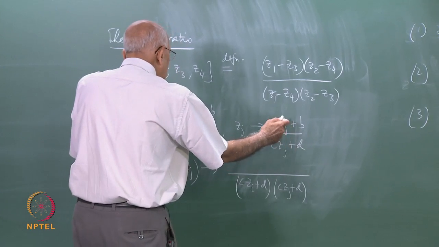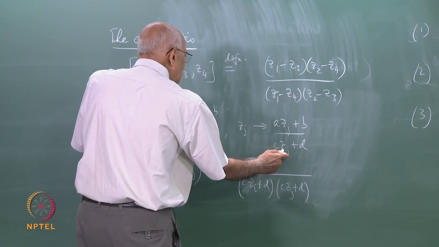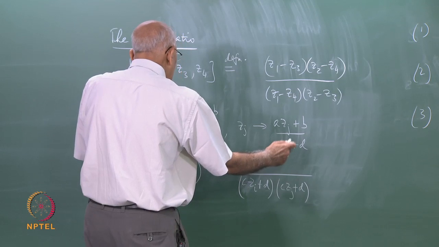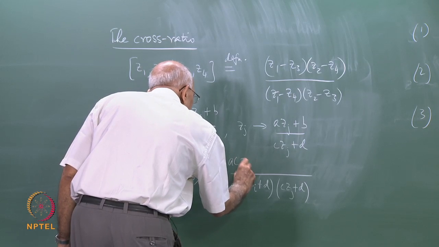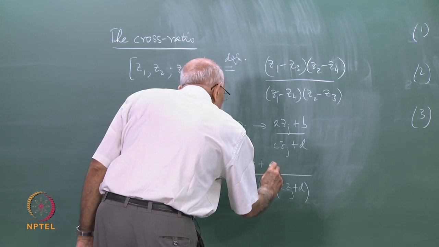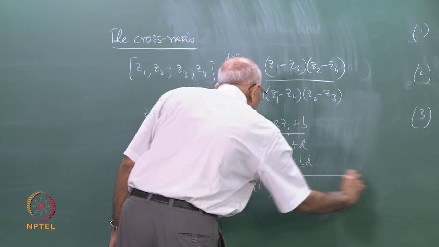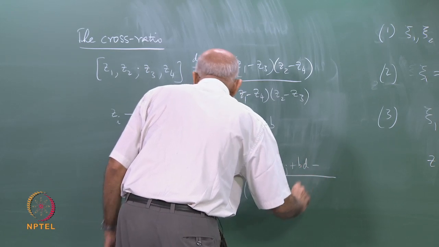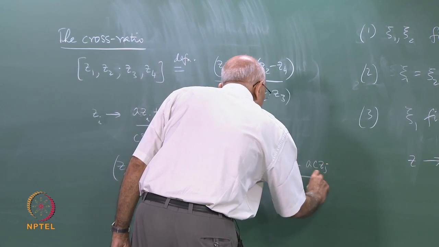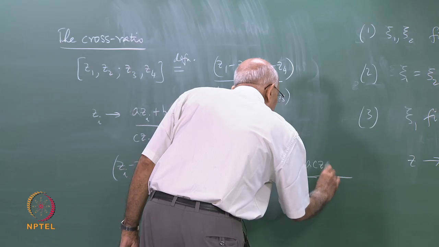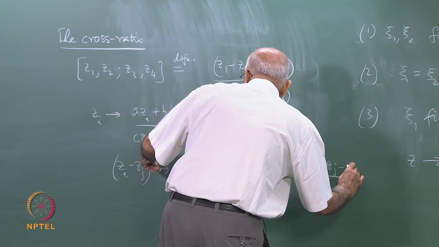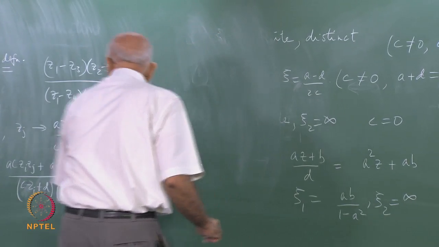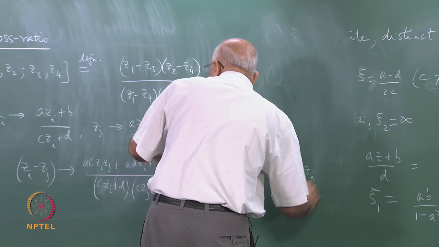and then it is this times that minus this times this, and you can see that the Zi Zj term cancels and you have AD times Zi minus Zj and B, so let us write this out: AC Zi Zj plus AD Zi plus BC Zj plus BD minus the same thing, which is AC Zi Zj plus AD Zj plus BC Zi plus BD.